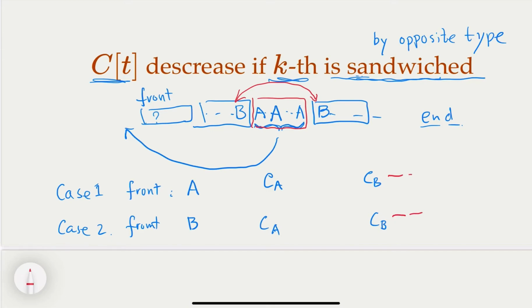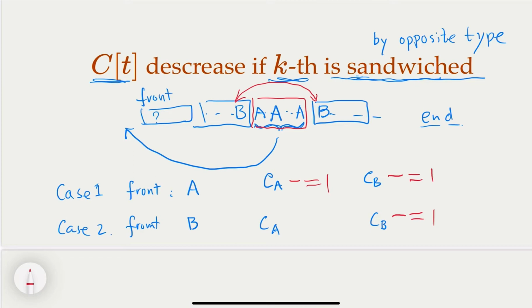I'm using the programming notation, minus minus, meaning decrease by 1, or we can say minus equal 1. Now, if you move to the front, but the front is A, you're merging two chains again. So CA in this case is going to decrease by 1. And if the front is B and you move A in front of it, nothing changes. The count does not change.